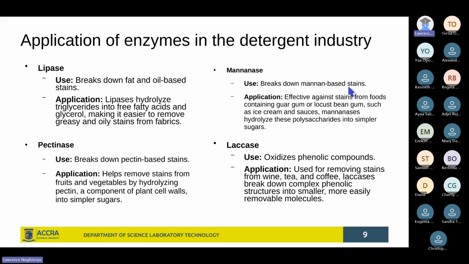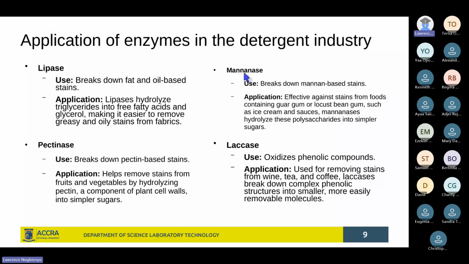This polysaccharide mannan is found in gum from plants. And then we can even say generally, the gum that you chew, for instance, if it gets into a fabric that is stained, its removal can also be by this enzyme.